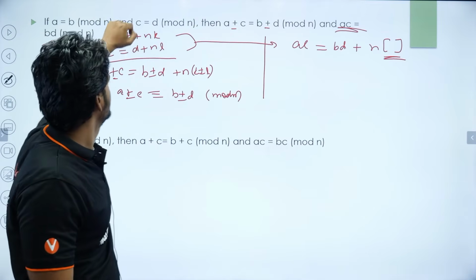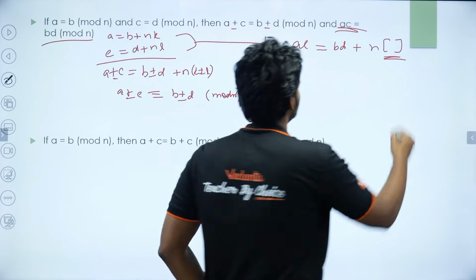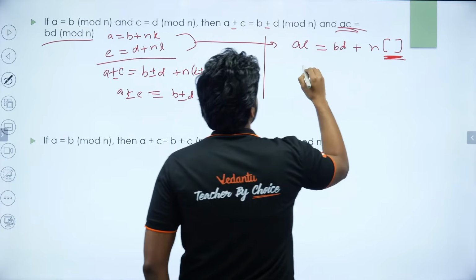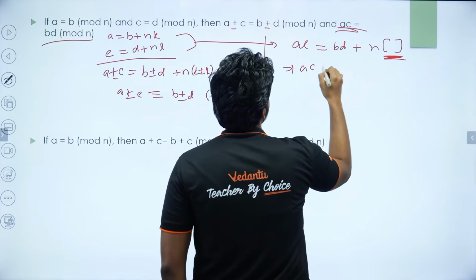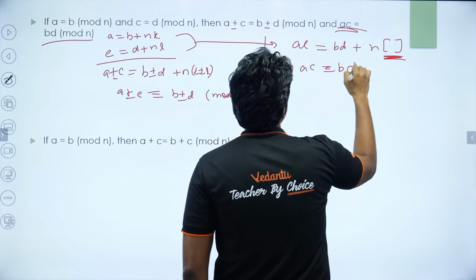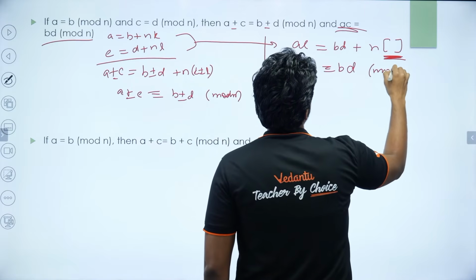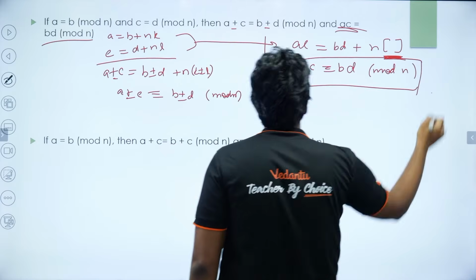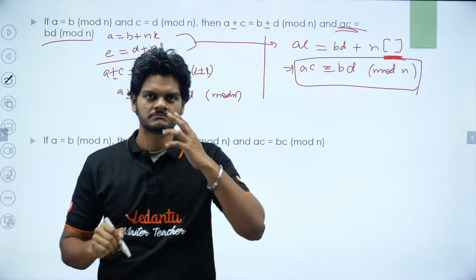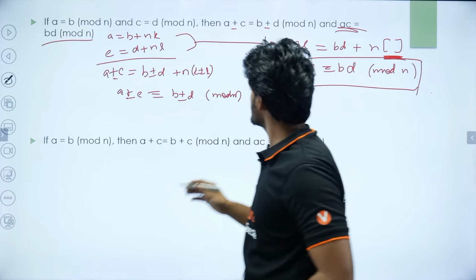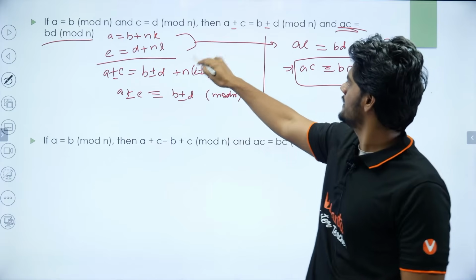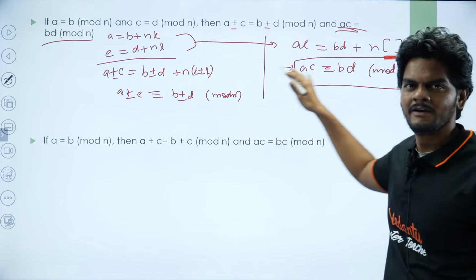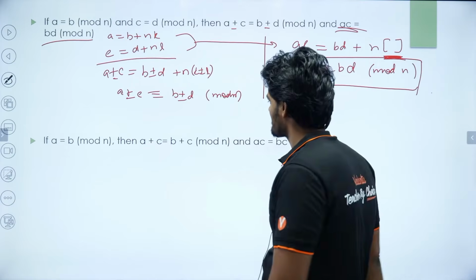That is what you will get. I will just take n common and write it like this. So, that would imply that AC is congruent to BD mod n. Isn't that cool? I find it very interesting. Now, see, already the kL are getting very diminished, isn't it? Okay.